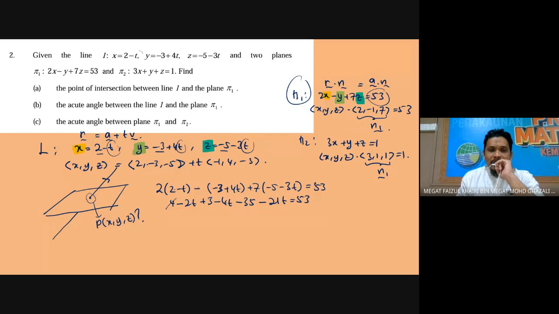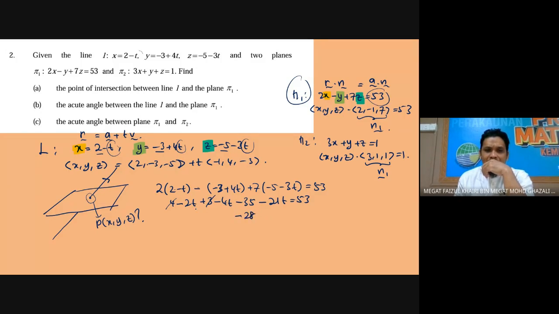So 4 plus 3 equals 7. 7 minus 35 equals, class, 4 plus 3 is 7, 7 minus 35, that's it, negative 28.